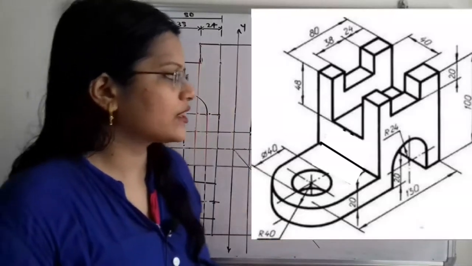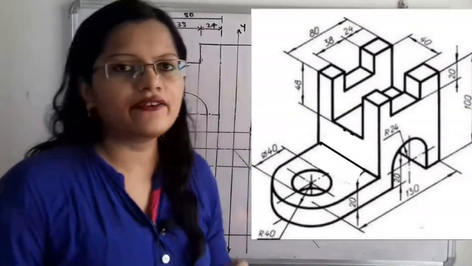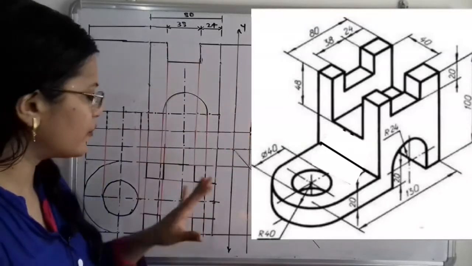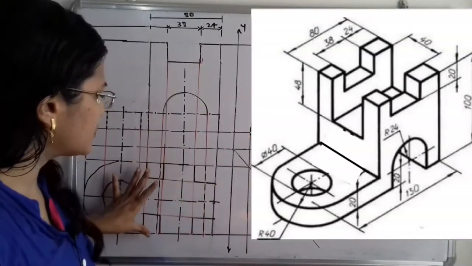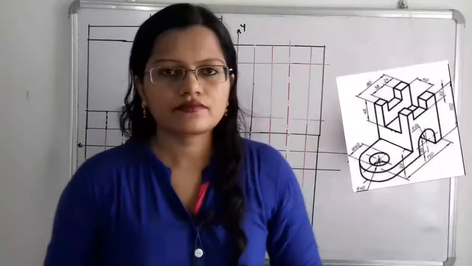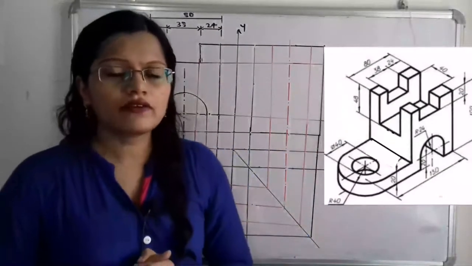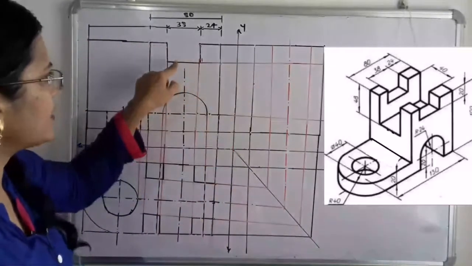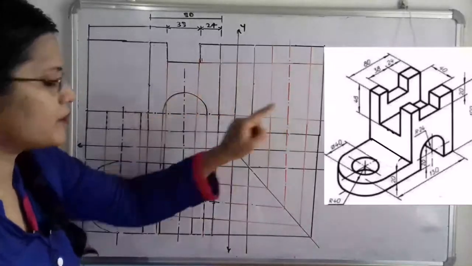Now we will move to the side view. The side view is horizontally aligned with the front view, and we can also take the projection from this top view to the side view. Now here all the projections from the front view to the side view are taken, and those are horizontal projections.